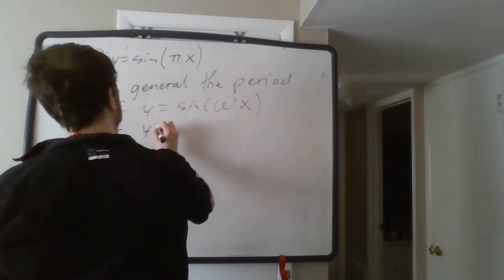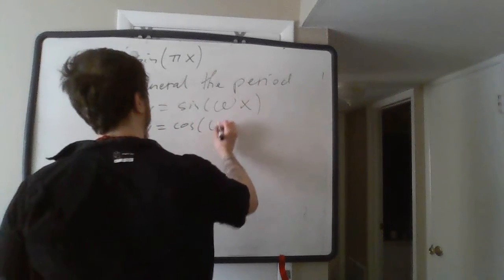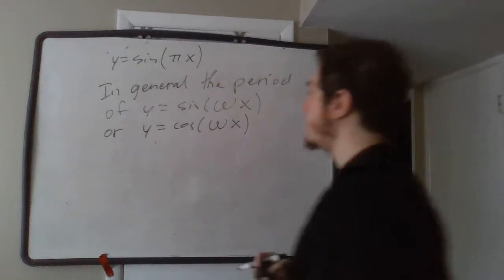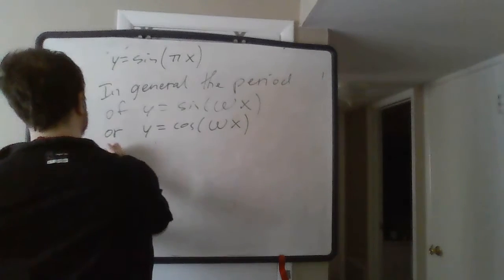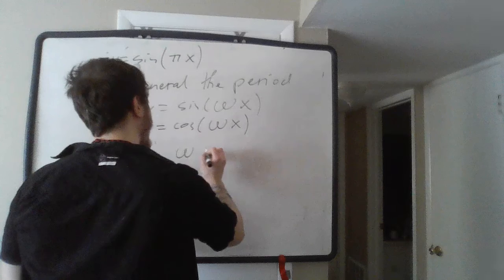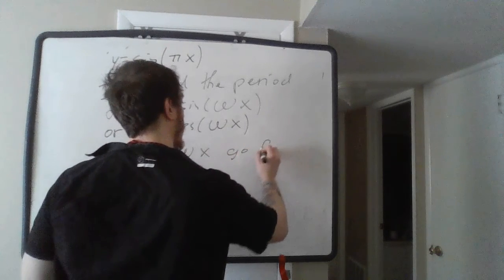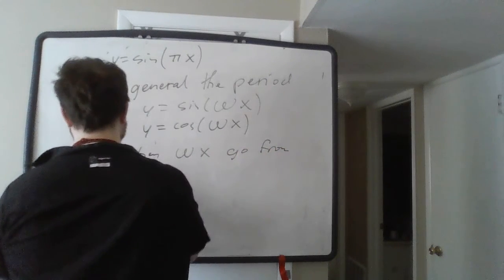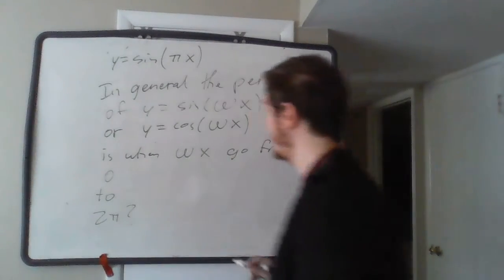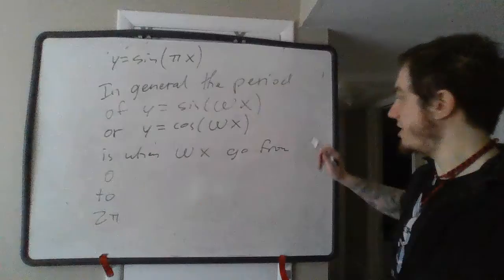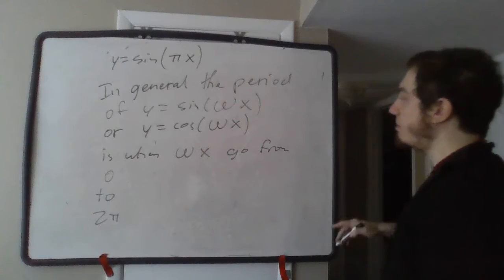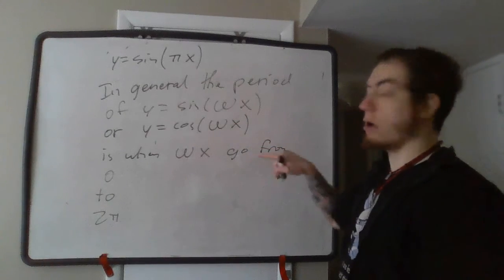And this reasoning also works for y equals cosine of omega x. Well, what we want to know is when does omega x go from 0 to 2 pi? I guess that's not really a question the way that I wrote it. That is just what the new period is going to be. Okay, but when does omega x go from 0 to 2 pi?